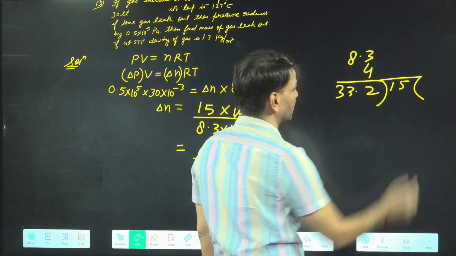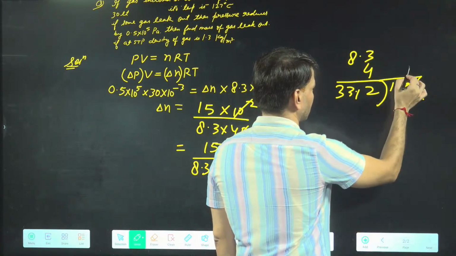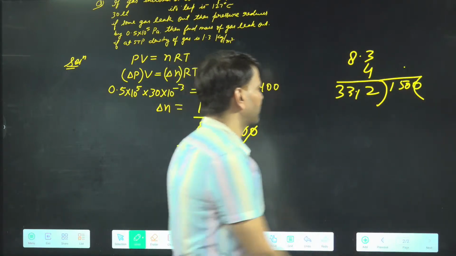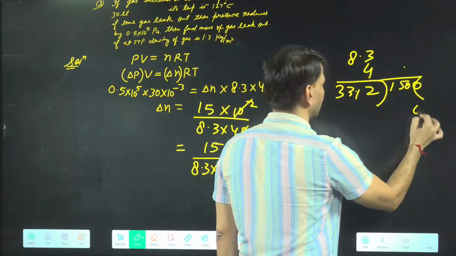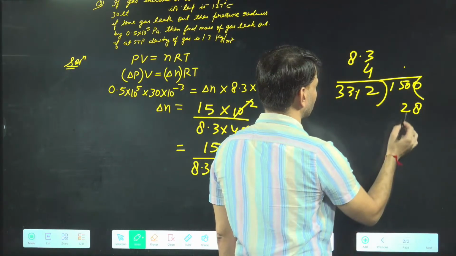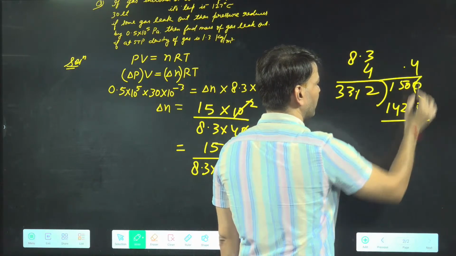So then what will you get? Decimal, so we make 0 and a dot. Then 3 fives are 15, so approximately 4 you will take, 4 twos are 8, 4 threes are 12, 2, and 4 threes are 12, 14. So that's 0.4.